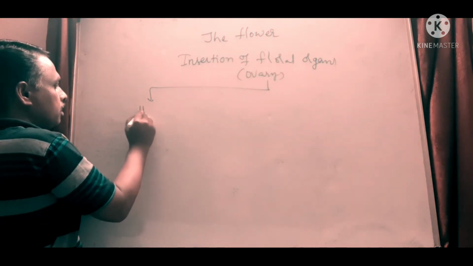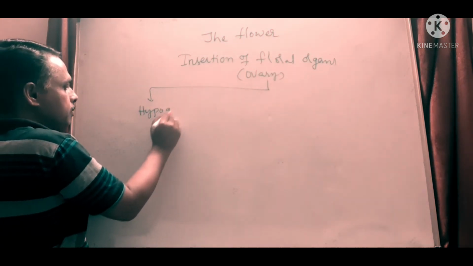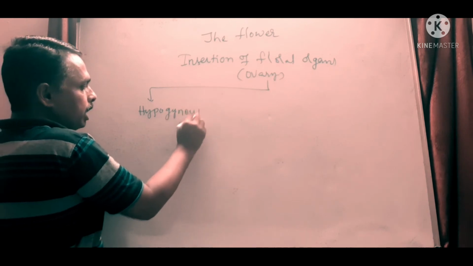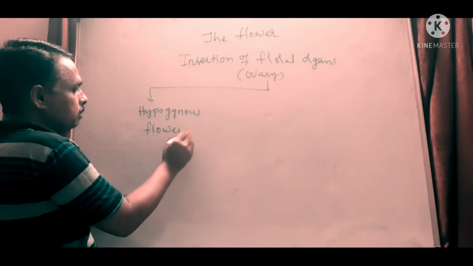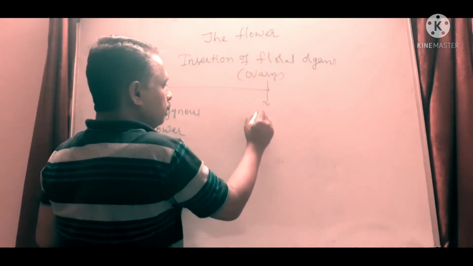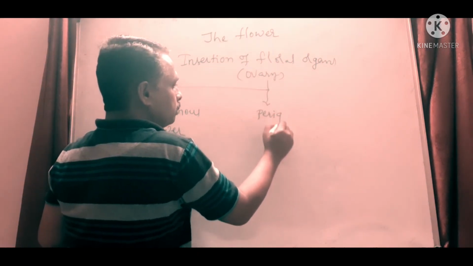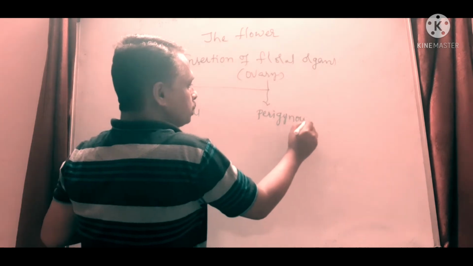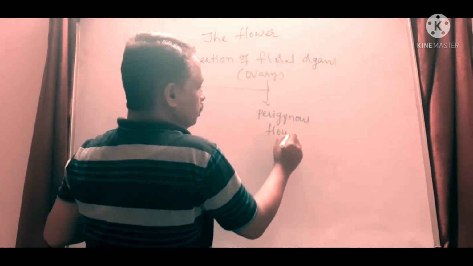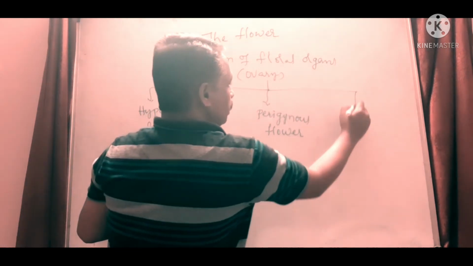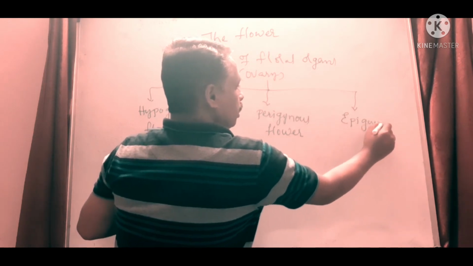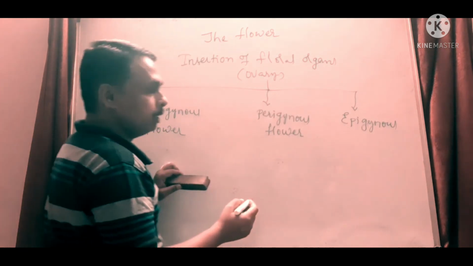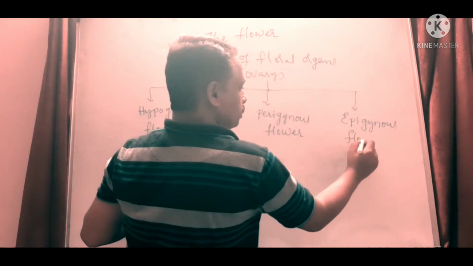One is hypogynous flowers. The next one is perigynous flowers. And the next one is epigynous flowers.